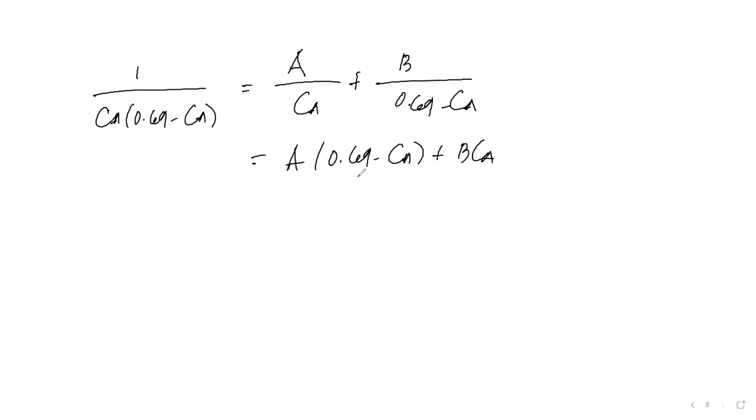Now, if we will equate constants, this is 1. So you have 1 is equal to 0.69A. Your A will be equal to 1.45. So this is for constants.